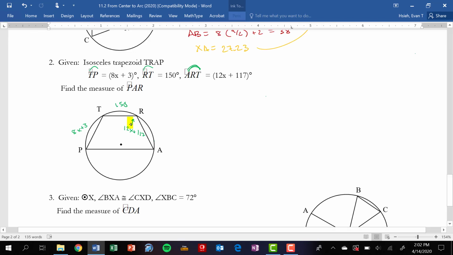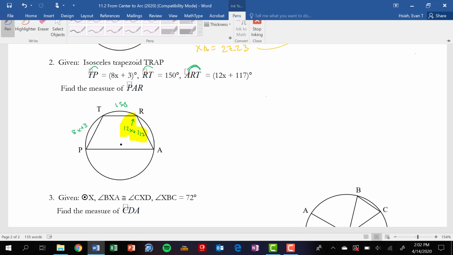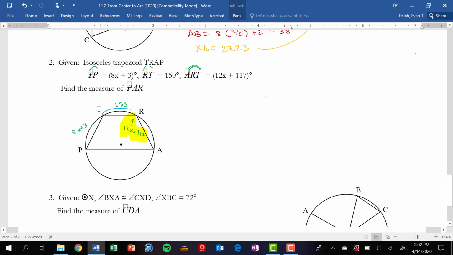So I know that this actually is going to be the measure of this arc all the way from here to here. Okay, so that makes more sense now.